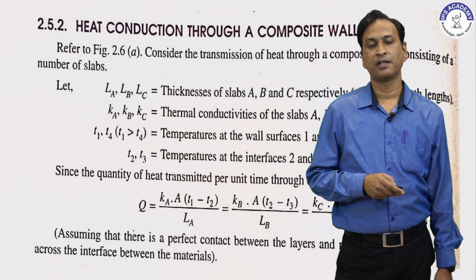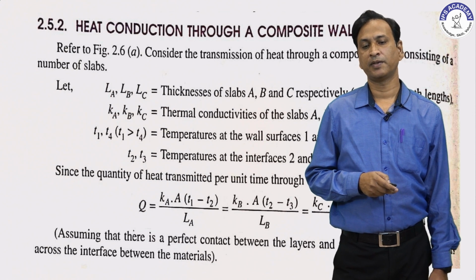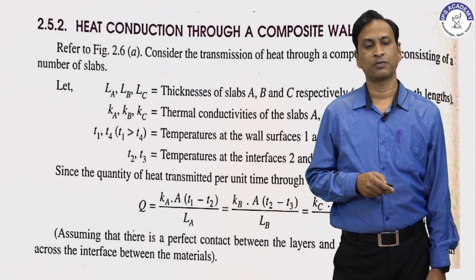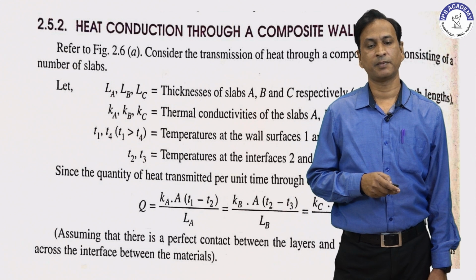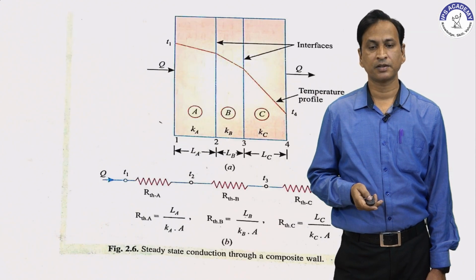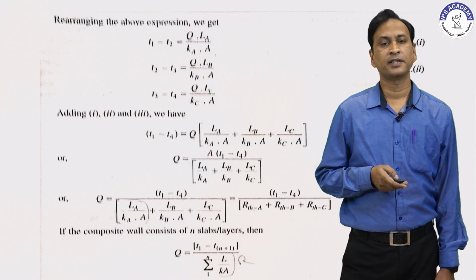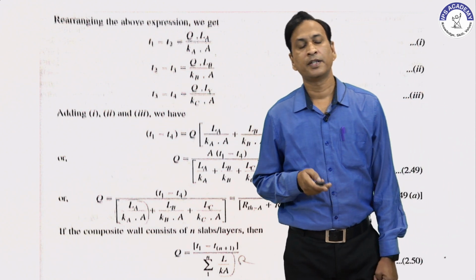Assuming there is perfect contact between the layers and no temperature drop across the interface between the materials, as discussed above, rearranging the expression we have T1 minus T2.